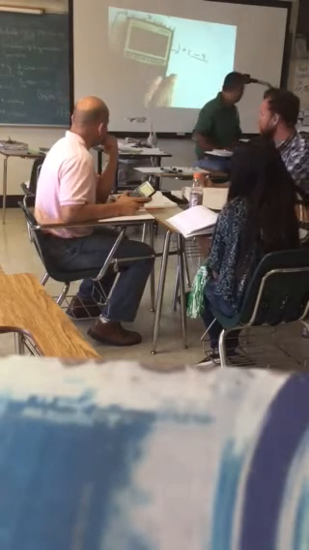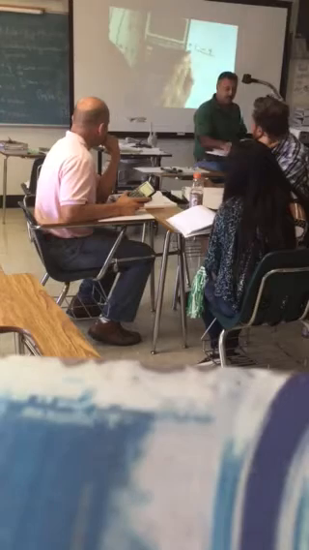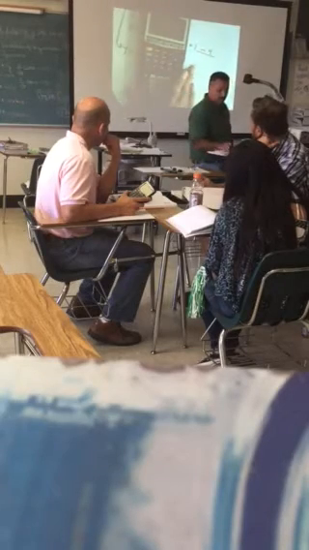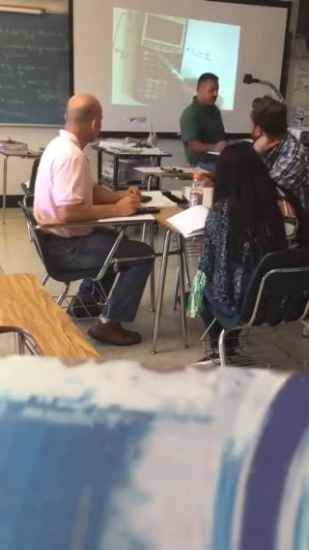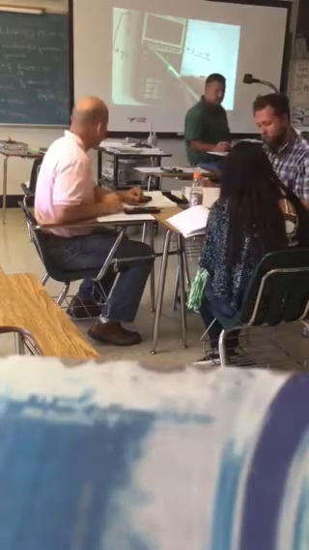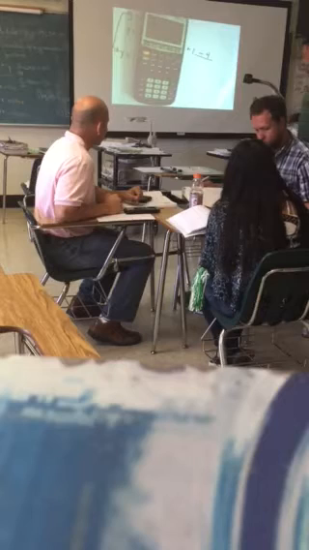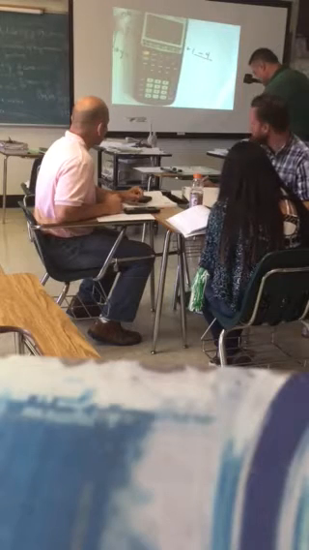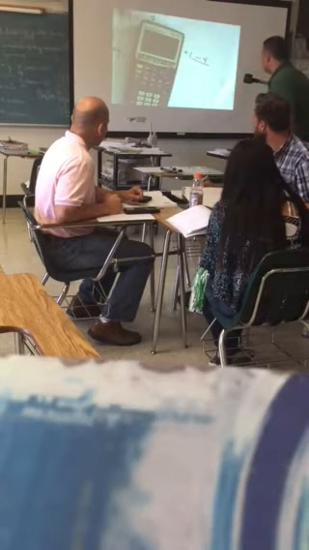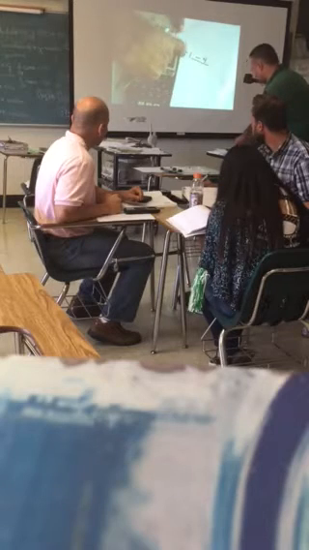I want you to go to y equals up here. Hit y equals. Once you hit y equals, type in our equation, which we know to be y equals x squared plus 4x plus 1.